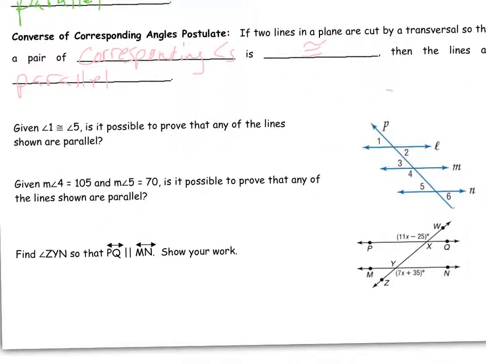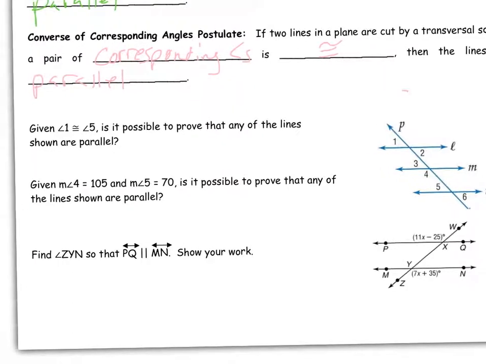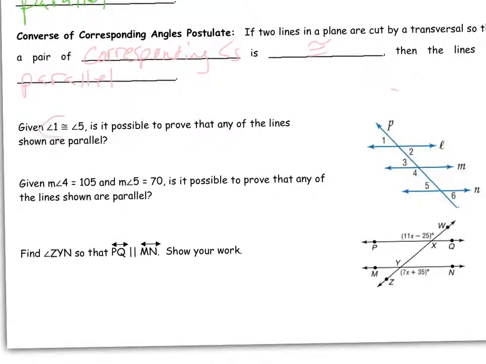So we have our first question. It tells us that angle 1 is congruent to angle 5. So first, let's identify which lines we're talking about. We're not looking at this line. This line has nothing to do with what we're looking at. These two lines right here are cut by this transversal, and angles 1 and 5 are corresponding angles.